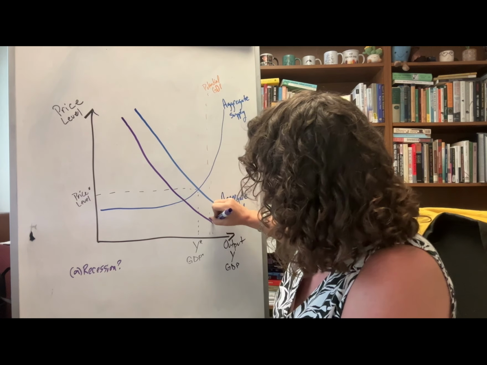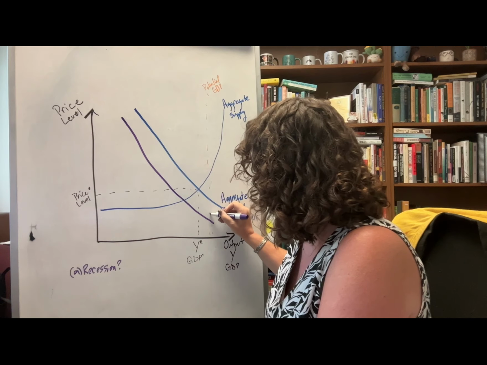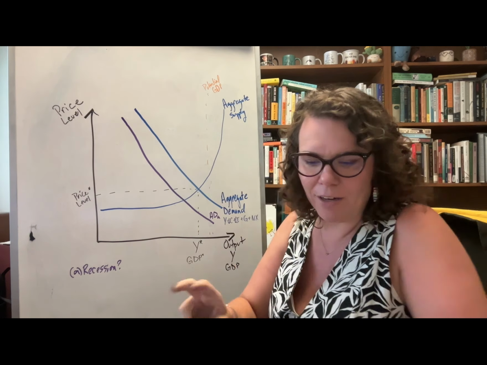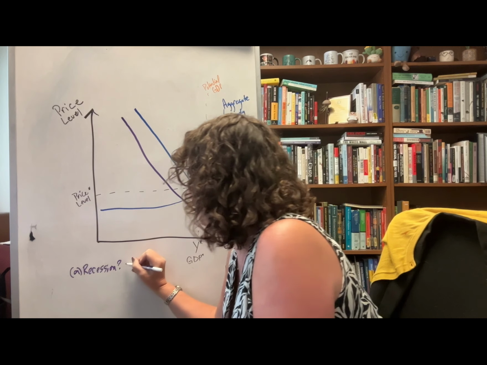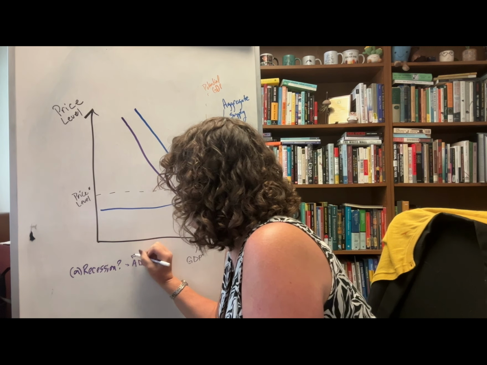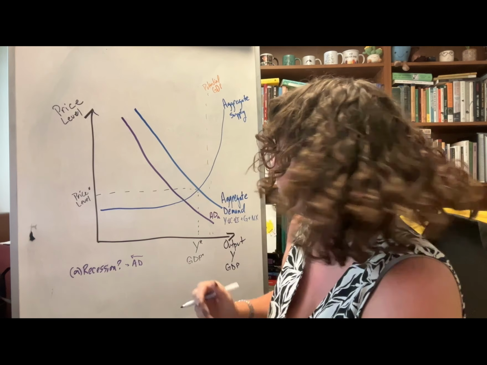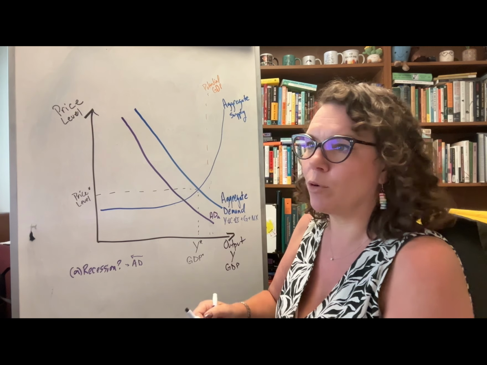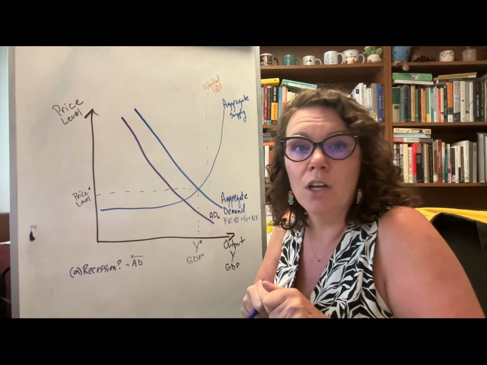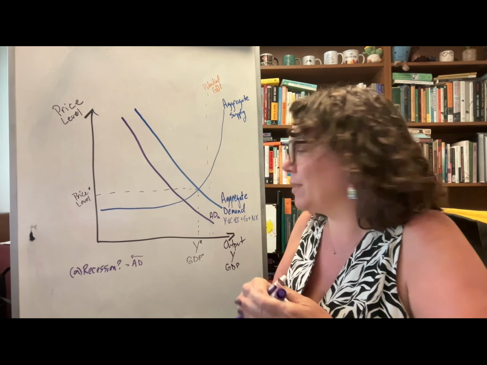So we're going to try and keep the shape the same, and I'm going to say AD has shifted in. So that's going to be aggregate demand A. I'm going to mark it down here. Aggregate demand would shift in to the left. Now we want to find our new equilibrium. The question on your graphing problem asks what would happen to the price level, what would happen to output, and what would happen to unemployment.